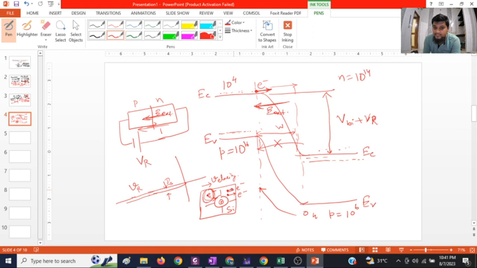Two electrons at rest, but still there is some electric field, right? So now these two will accelerate, and they will collide with two different lattice atoms, and again they will create four electrons.